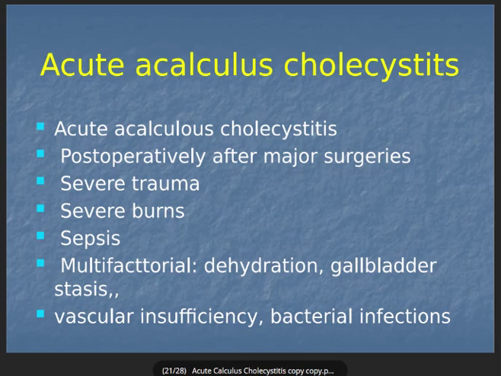Now we talk about the treatment. Acute acalcular, no stones, cholecystitis is much, much, much worse than calcular cholecystitis. Why? First, we said it starts by infection.